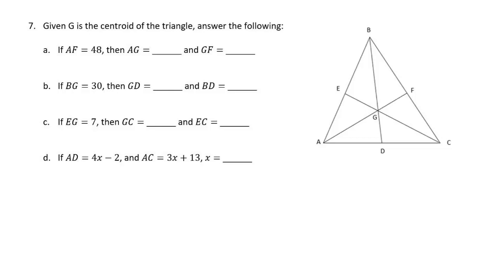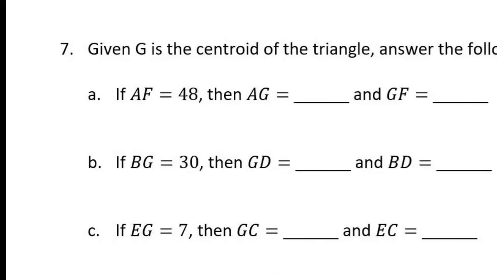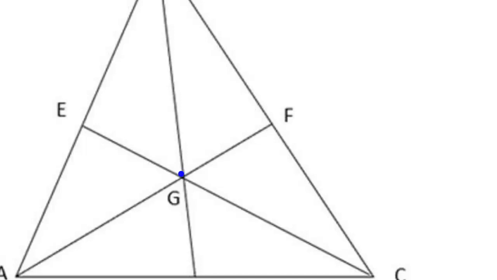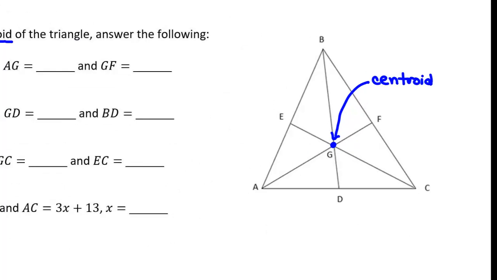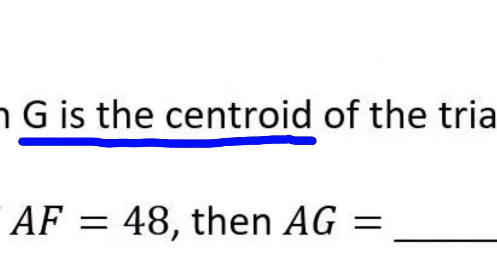Before I even look at the questions, A, B, C, and D, I'm looking at my triangle here and what it tells me up at the top. It says that G is the centroid. So I'm going to come over here and I'm going to label that. G is the centroid. Well, if G is the centroid, what would we call all these little segments that are drawn inside my triangle? Medians.